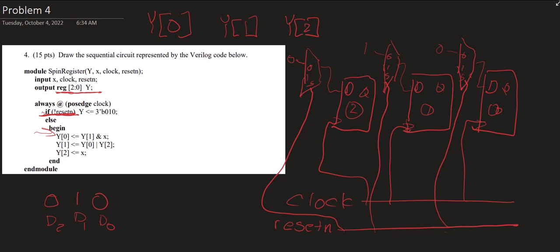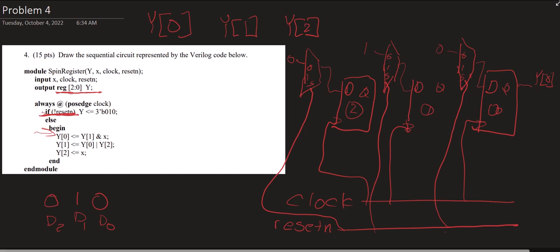Okay, so this is y0 right here, and this is y1, and this is y2.